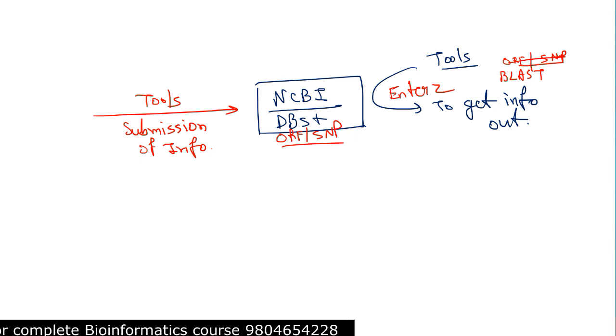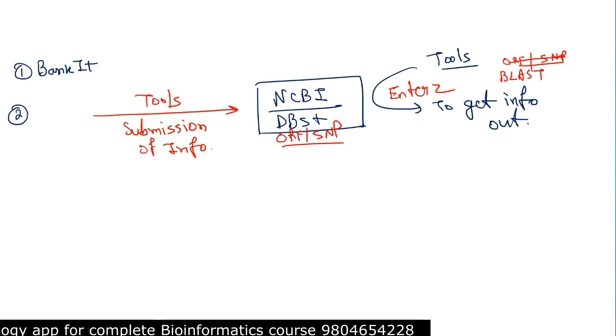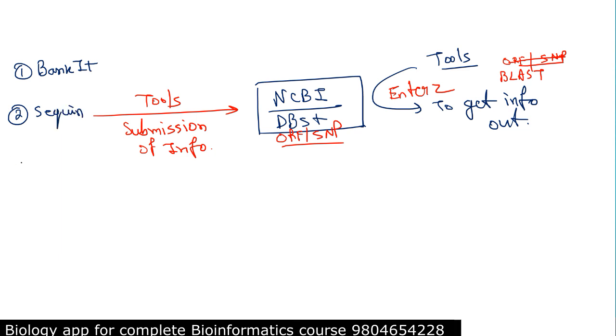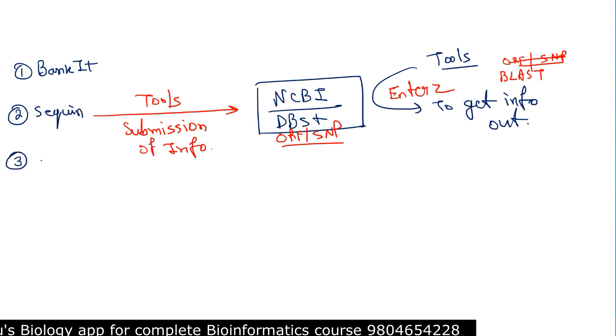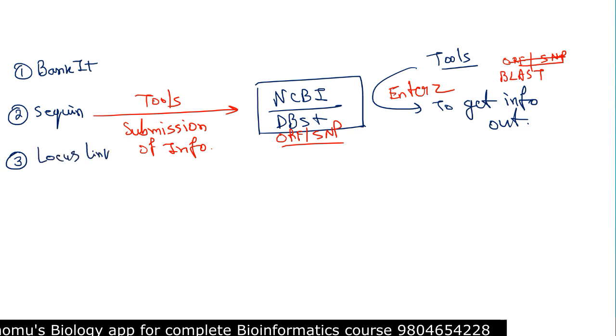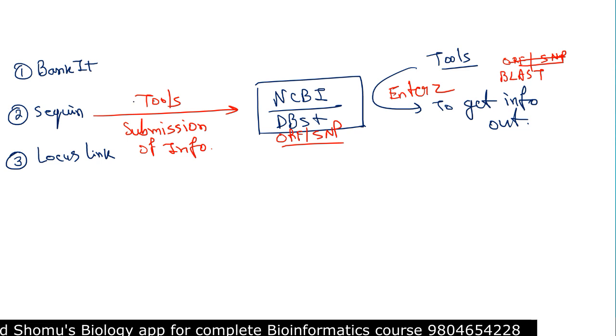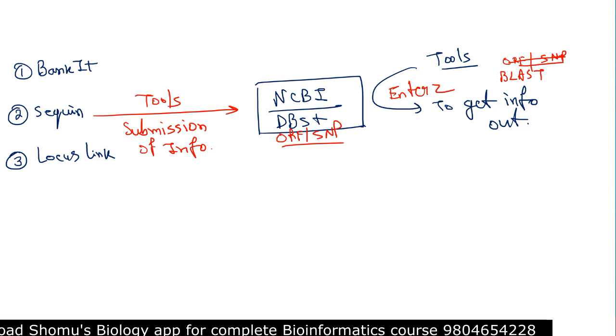An example for such tools, we'll talk about 3 different tools for that, okay? Tool number 1, BankIt. Tool number 2, Sequin, and tool number 3, LocusLink. Okay, so for example, you are a biotechnologist working in a lab, molecular biology lab, cell biology lab, biochemistry lab, whatever.